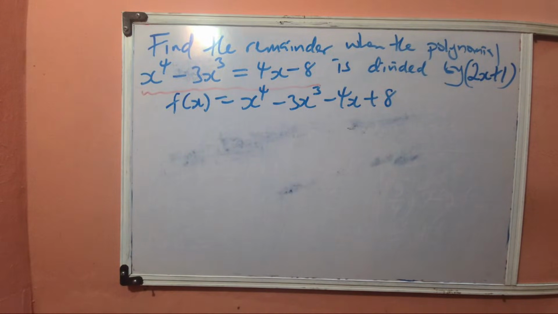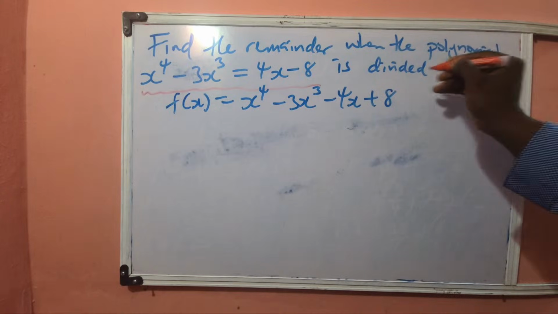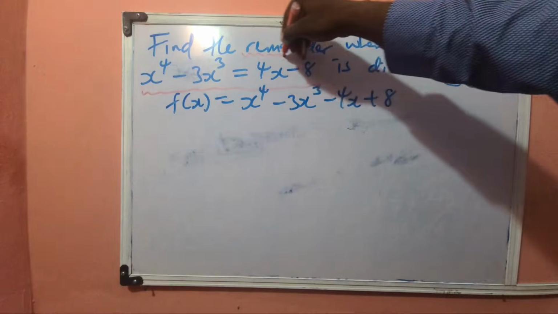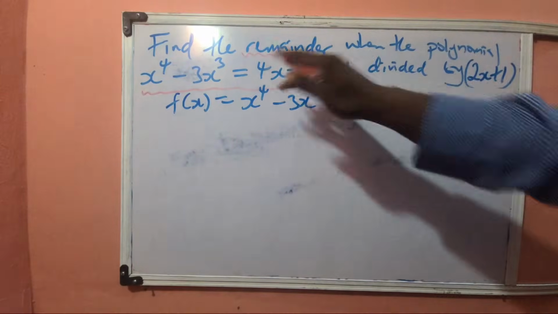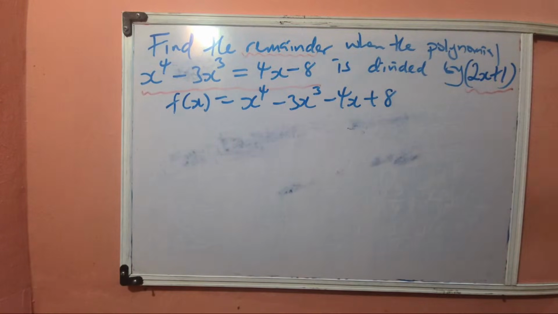So now, we're told to find the remainder when this particular polynomial is divided by 2x plus 1. If you remember what I told you based on factor and remainder theorem, the fact that you were told to find the remainder when a polynomial is divided by this means that 2x plus 1 is not a factor.